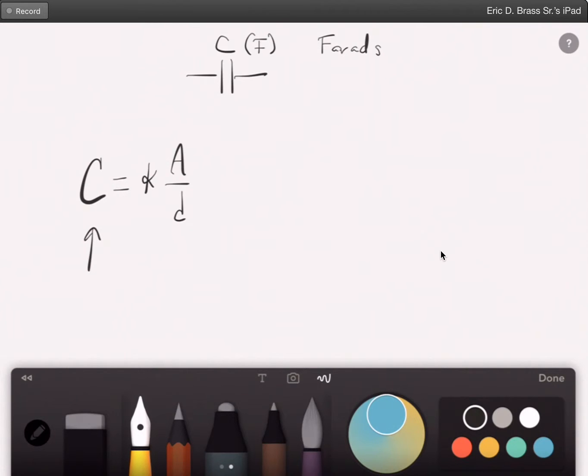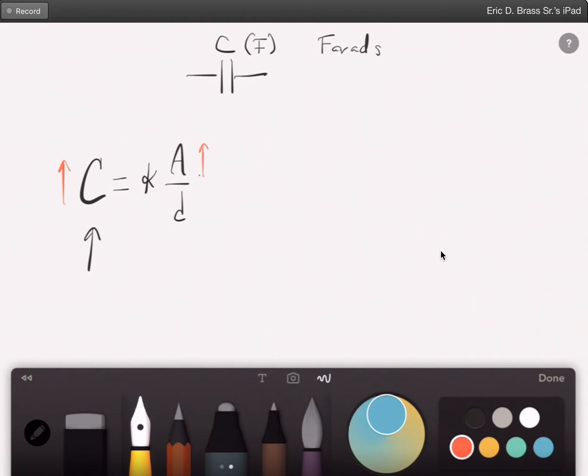You have input going into a circuit, and then you get an output. So here we have A, and how do we manipulate A? Well, if we increase the area, we will increase capacitance.